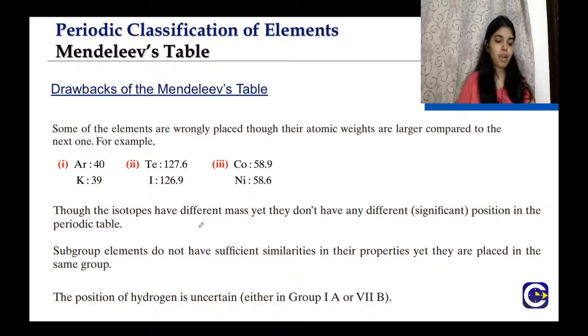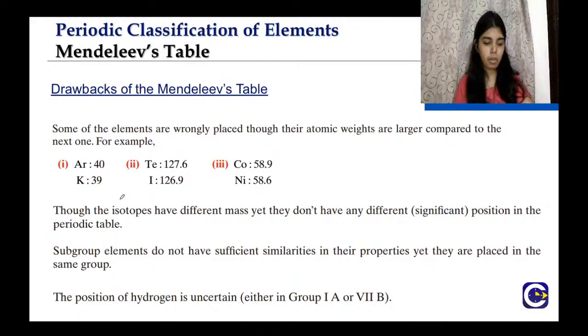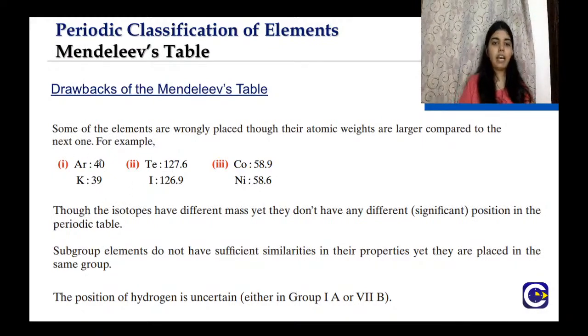Not the whole paragraph you have to write, but you can jot down the main points that I have been discussing. For example, in this slide, you can just write down the 3 examples. Then isotopes having different mass, yet they don't have any different position. Subgroup elements do not have sufficient similarities, and the position of hydrogen is uncertain, right? So you can just jot down small points from each of the slides.